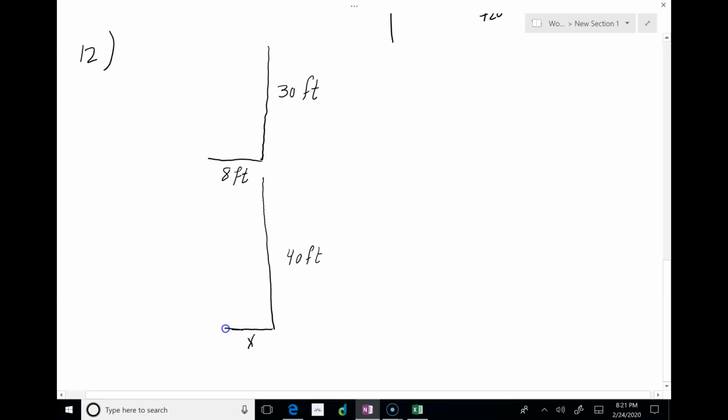So I'm going to say, okay, if you create another triangle right here, since it's the same time, same place, these two are going to be similar triangles, knowing that all three angles are the same. So in order to calculate them, you use the similar triangles. 30 over 40 is equal to 8 over x.